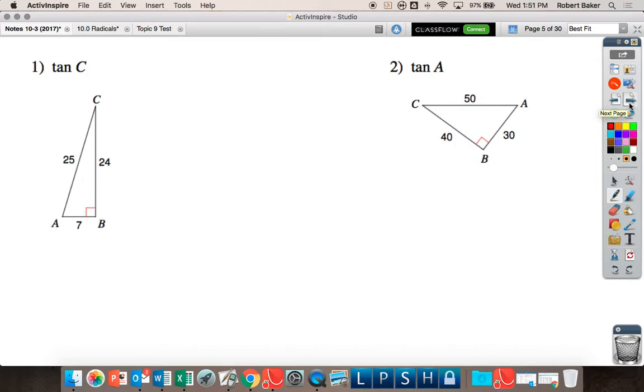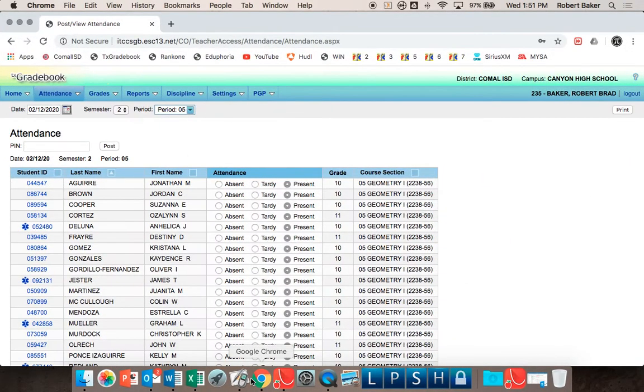It says, what is the tangent of C? I can get the wheel out, or you guys can just say, I'll go. That'd be really fun. Let's do it. 5th period.